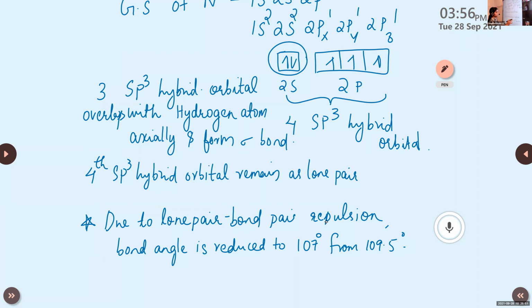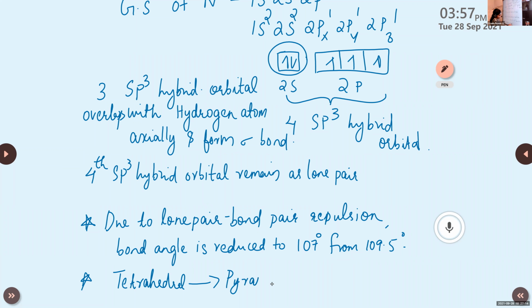If there is no lone pair of electrons, the bond angle is 109.5 degree. But due to the presence of this lone pair, the bond angle is reduced to 107 degree from 109.5 degree. And the geometry is also changed from tetrahedral to pyramidal.